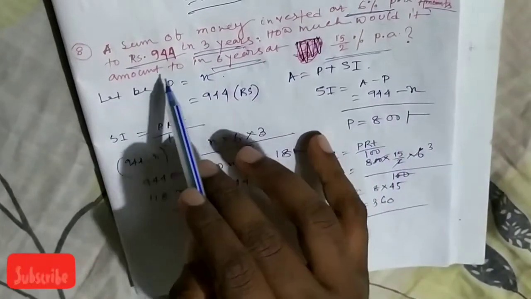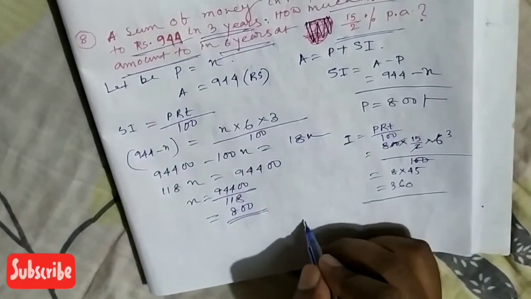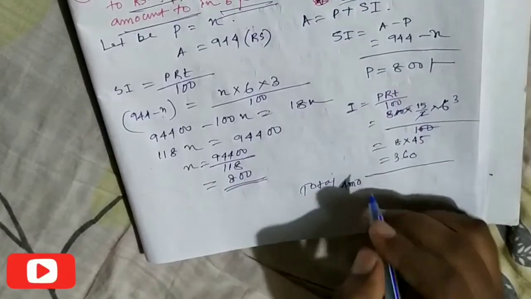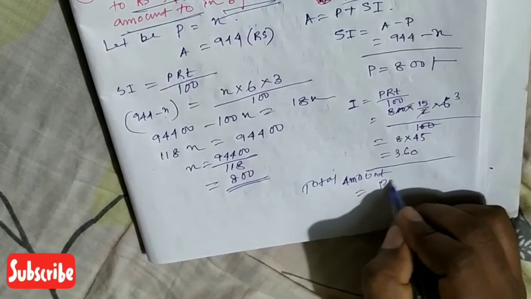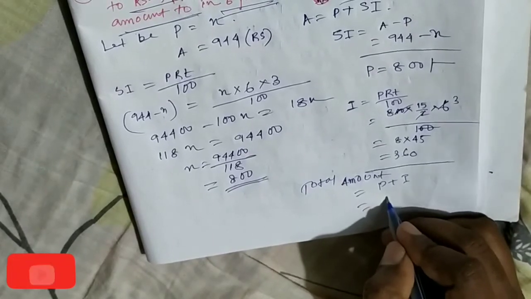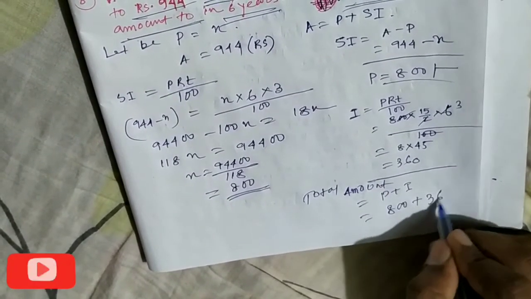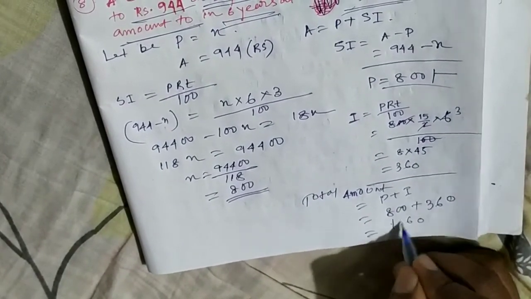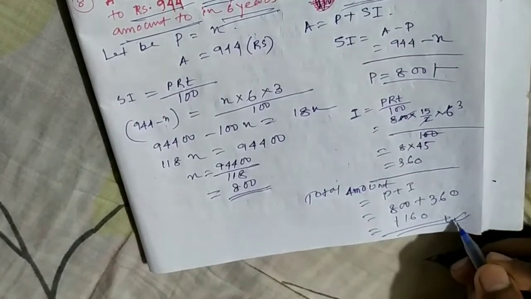Total amount is equal to P plus I, I is equal to 360. This is the answer. Total amount rupees 1160.